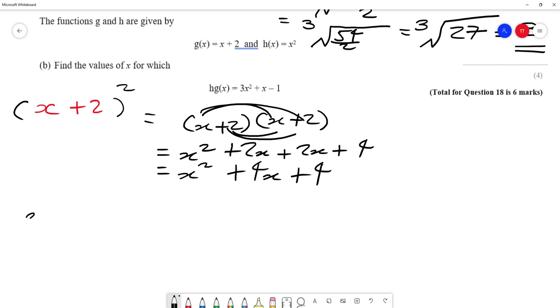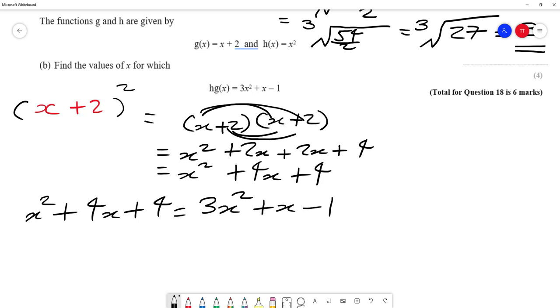I'm going to take this, write it out here, and make it equal to 3x squared plus x minus 1. I want to make one of the sides equal 0, so I'm going to minus x squared here, minus x squared here, minus 4x here, minus 4x there, minus 4 there, minus 4 there. Now, we're very careful with the algebra.